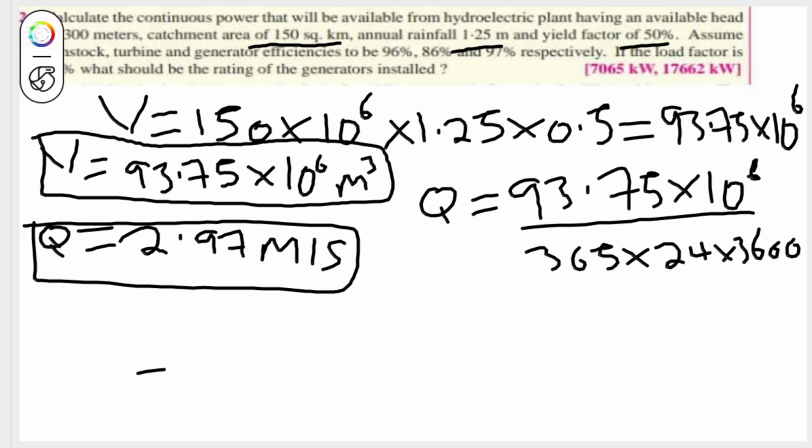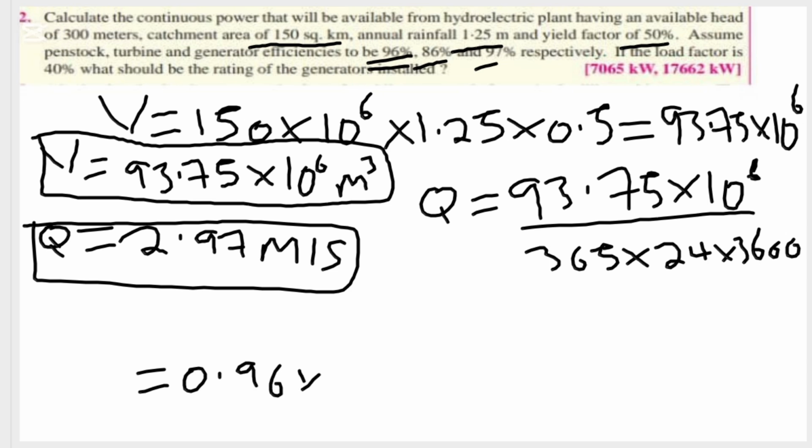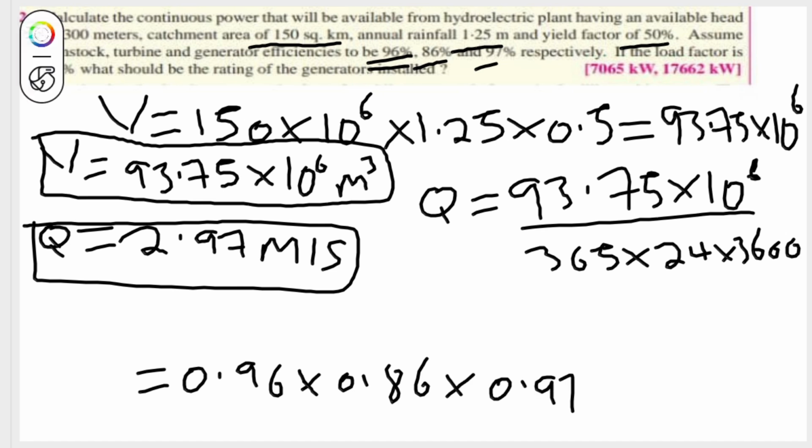My overall efficiency will now be equal to, I have the efficiencies 96%, 86%, and 97%. So I will say 0.96 multiplied by 0.86, and also multiplied by 0.97.